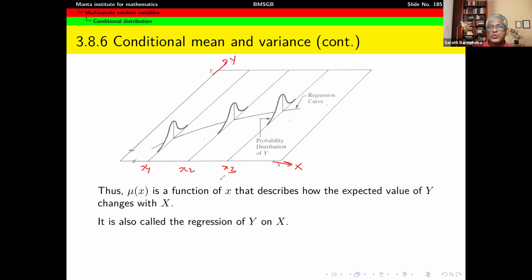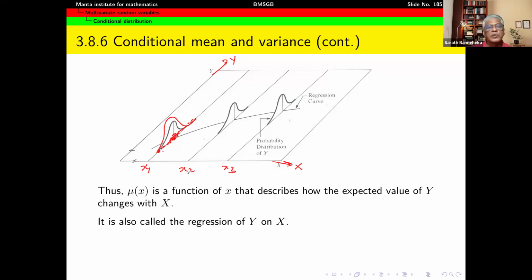So in usual simple regression situations, what we assume is that for a given x, there are a large number of possible y values. More values will be somewhere around a center, and there will be few values out here. Therefore, if you look at the distribution, it will look like that. Suppose the mean of that distribution is this point.